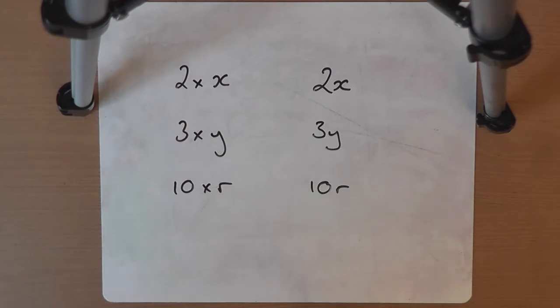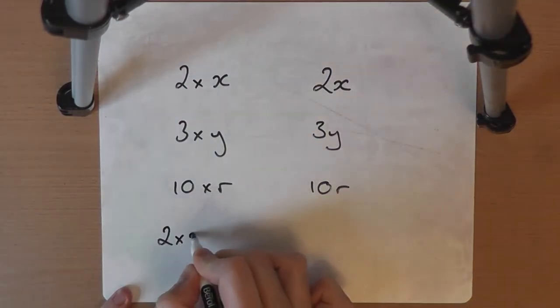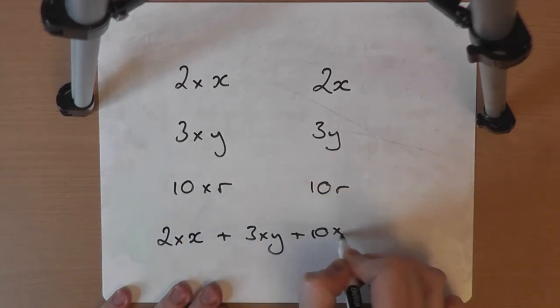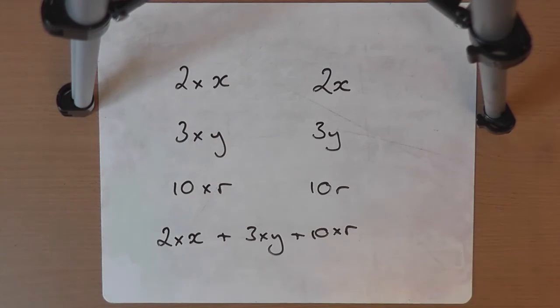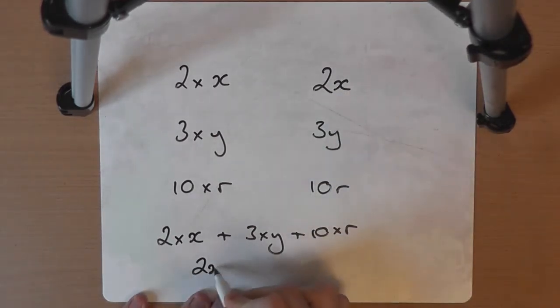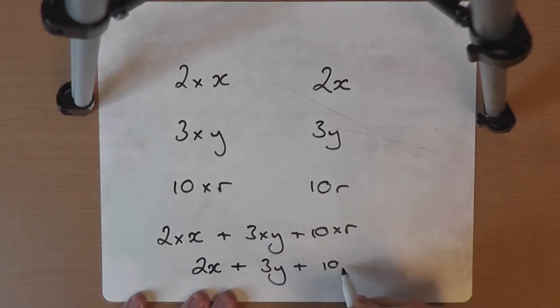Why is that easier? Because if we wanted to, say, add these 3 things up for some reason, just as an example, writing it like this, we'd be writing 2 times x plus 3 times y plus 10 times r. And that's a little bit messy. Writing them with these pieces of notation, we'd instead be writing 2x plus 3y plus 10r.